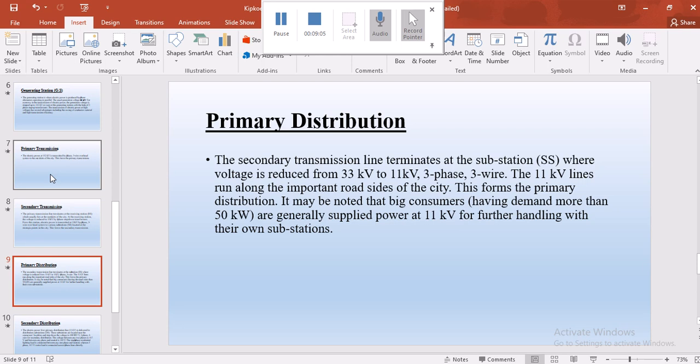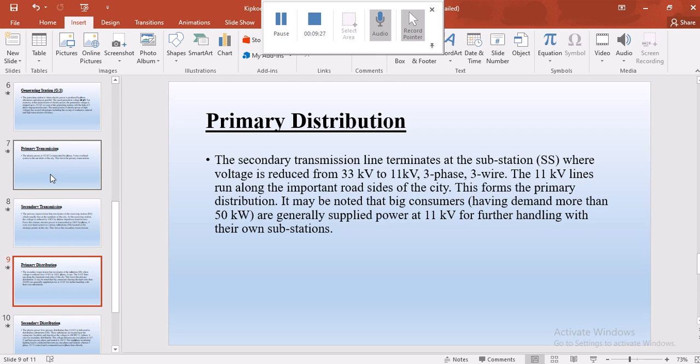Then we have the large consumers, that is the bigger consumers, which are normally supplied with 11 kilovolts. So these consumers will be supplied with 11 kilovolts, and then they will step down on their own.